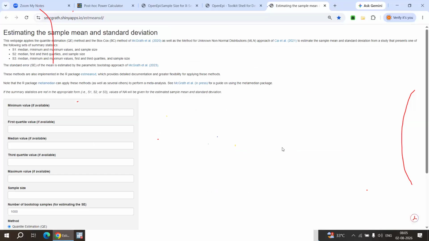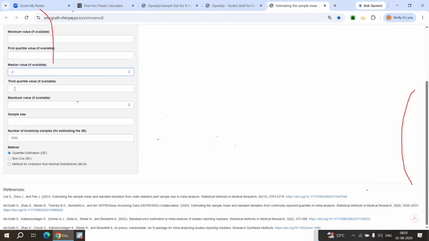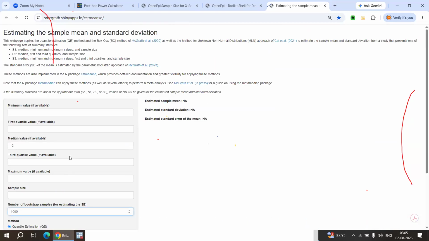Then, yes, from here we can calculate our mean value if available, first quartile if available, median value if available, third quartile if available, maximum value if available, sample size, number of bootstrap, we can say 1000. This is quantile estimation QE. It is okay. There is no problem. Then we have to click.